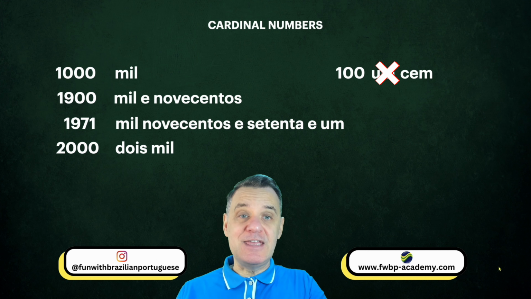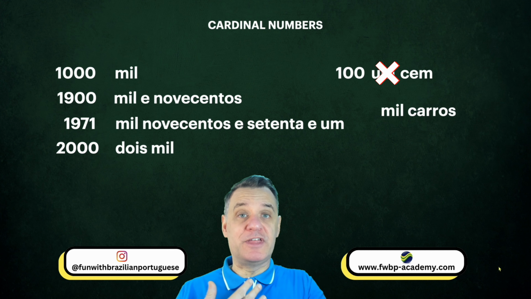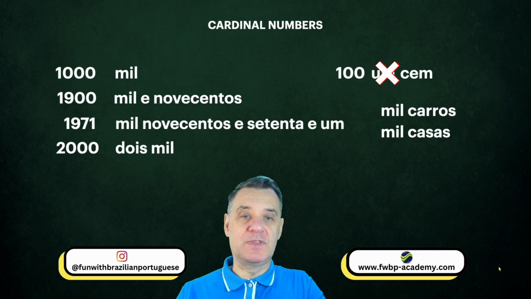And just like cem, mil is invariable, it's going to be the same for masculine and feminine nouns, so it doesn't change. For example, to say 1000 cars, mil carros. 1000 houses, the word for houses is casas, feminine noun, that mil is going to be the same. Mil casas.